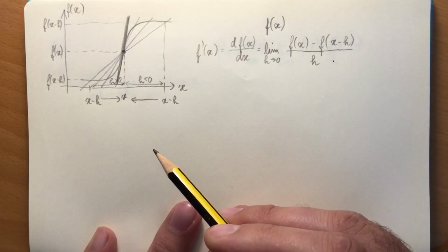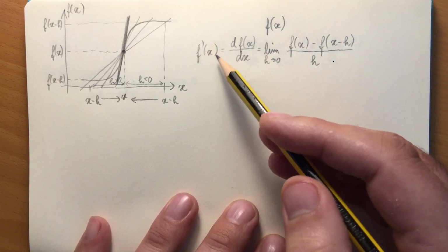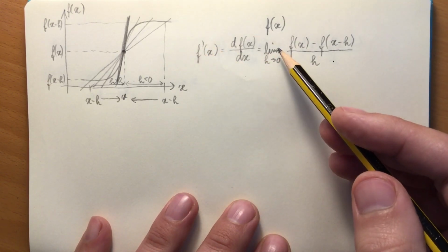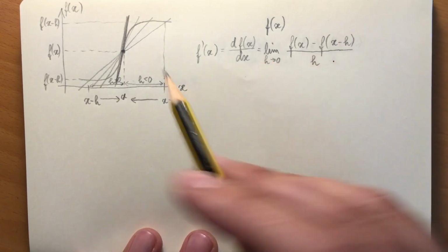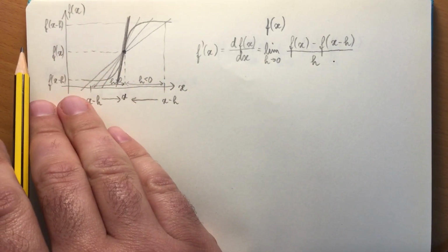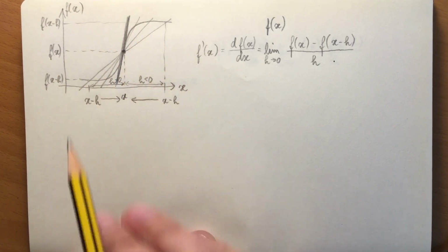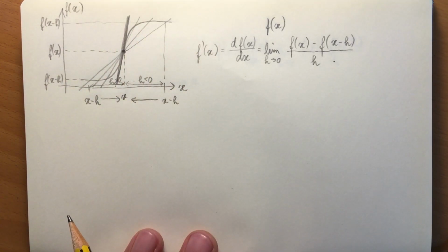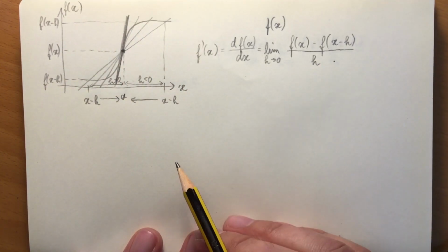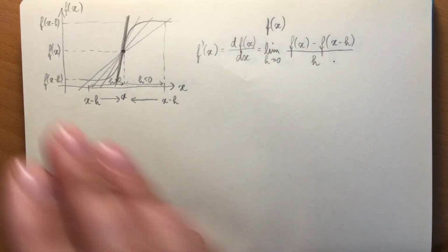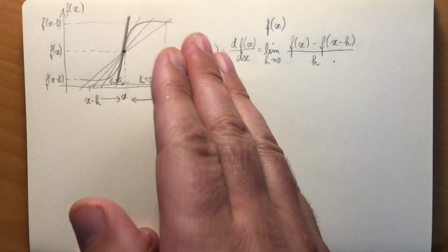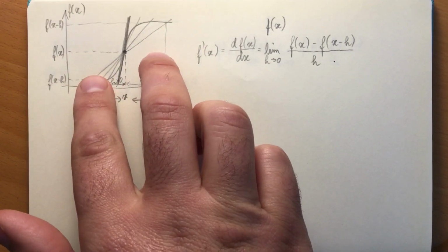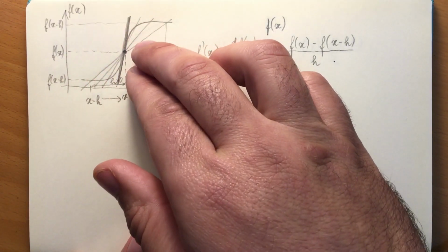Of course, since the derivative is this limit as h goes to 0, without a restriction to positive or negative values of h, the derivative will only exist if this left-sided derivative and this right-sided derivative both exist and are equal.